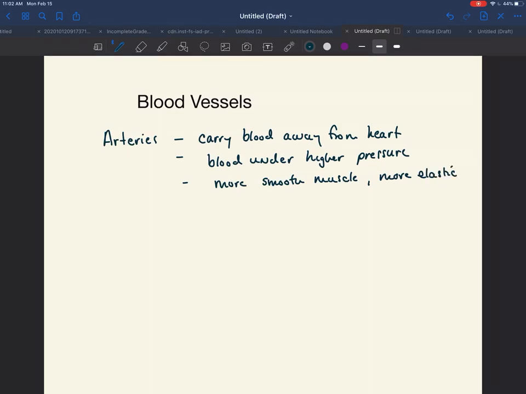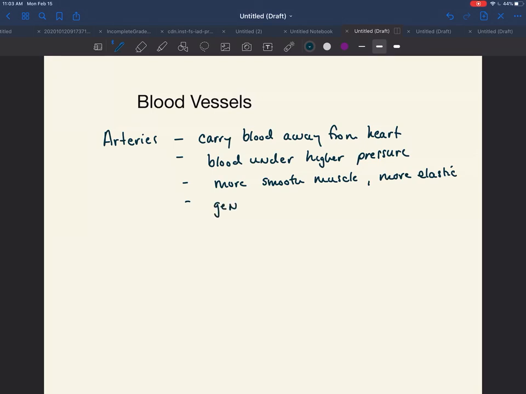And they are more elastic. So when they expand, like in your aorta, it will also contract back down. And that keeps the blood moving in a very smooth fashion. Okay, and then if your arteries are hardened and not elastic, that is a bad thing.